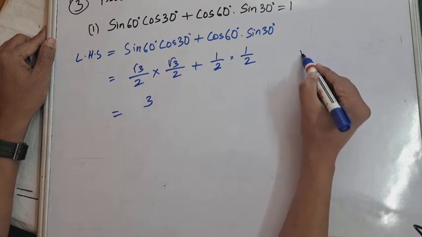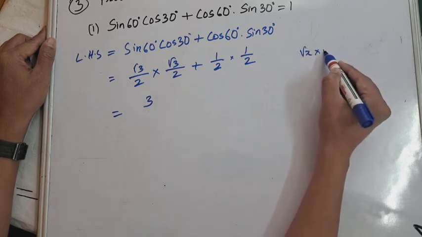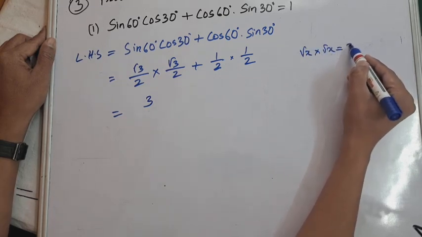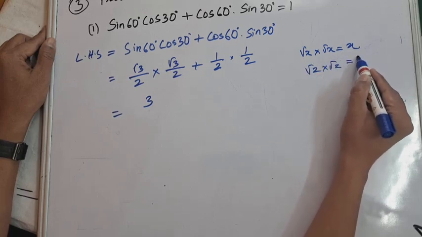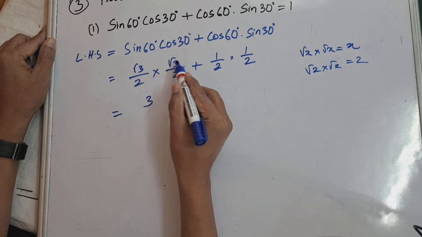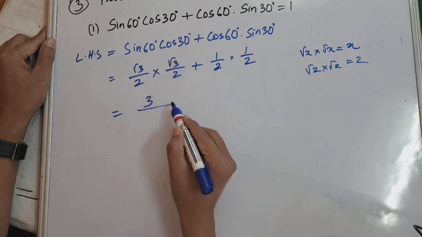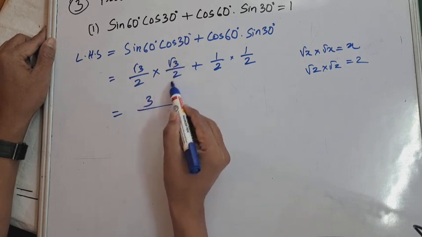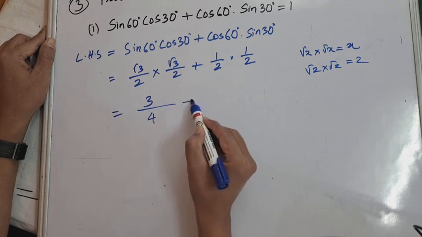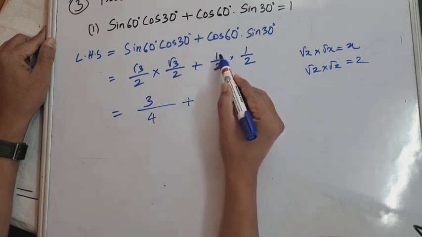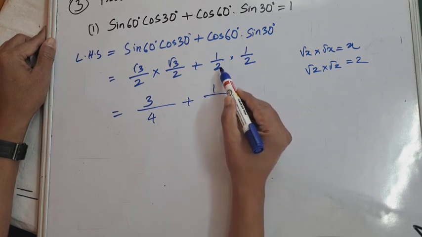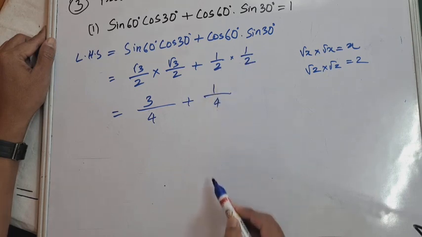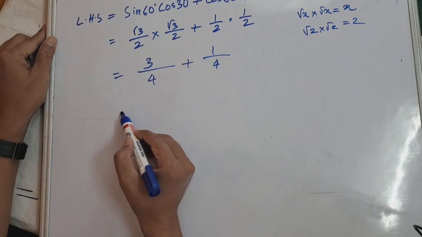Root x into root x equals x. Root 2 into root 2 equals 2. Similarly root 3 into root 3 is 3, and in the denominator 2 into 2 is 4, plus in the numerator here we have 1 into 1 is 1, in the denominator 2 into 2, that is 4. So let us take the LCM.